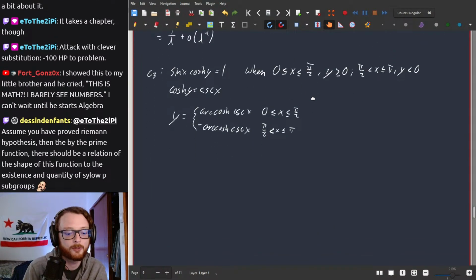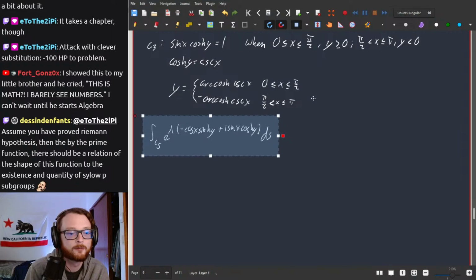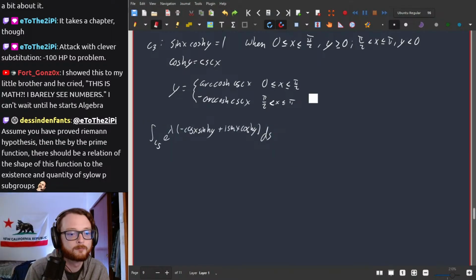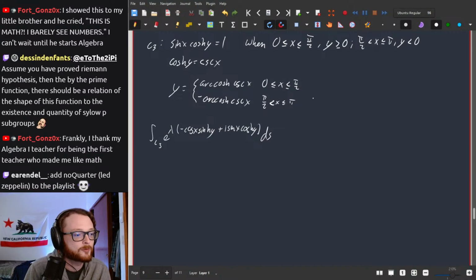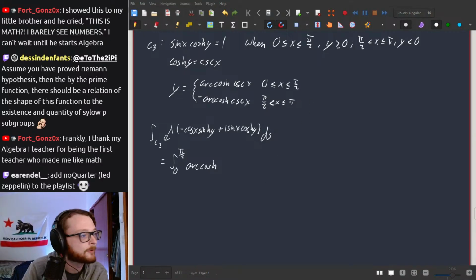So, the integral in C3. My algebra teacher, for being my first teacher, made me like math. Oh, good. A good teacher makes such a big difference. You can do that, Arundel.